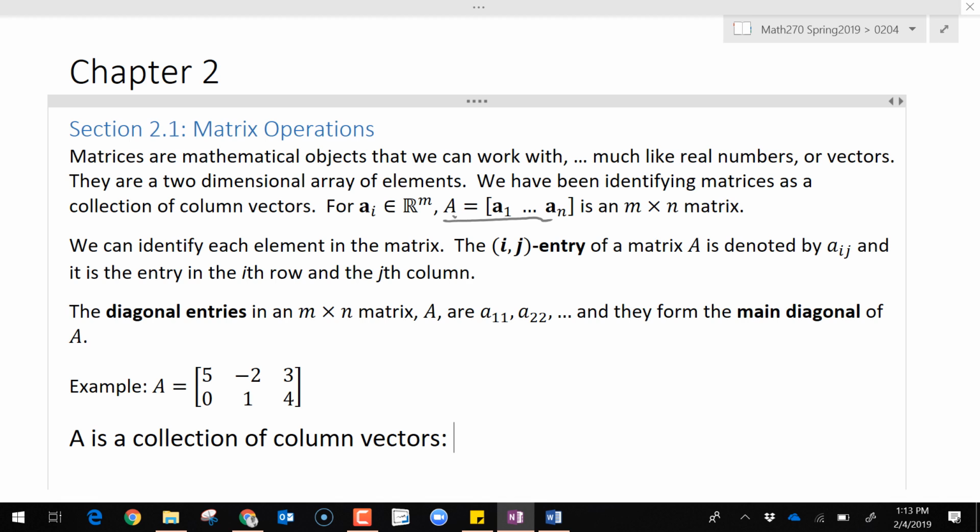So if we call A a set of column vectors that look like this, it would be A1, A2, and A3, right? Since there's 3 columns.